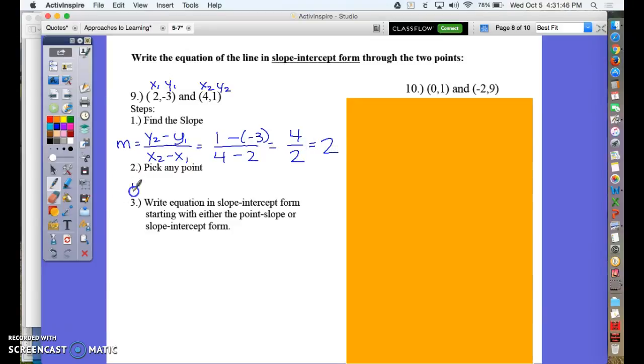So now here's the deal, guys. You know the slope is 2, and you get to pick either point. I don't like negatives, so I'm going to pick 4, 1. You could use this information now to substitute. Here's your m, here's your x, and your y, and you can find your equation that they're asking you to find.